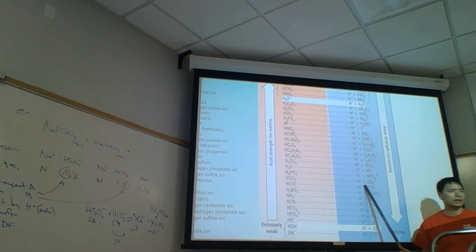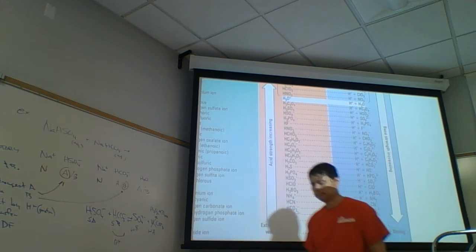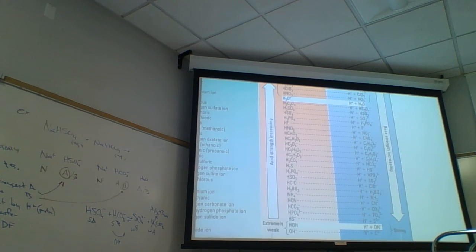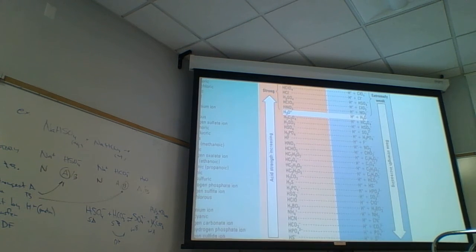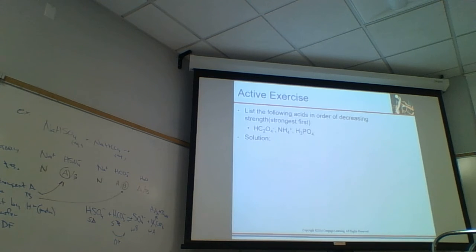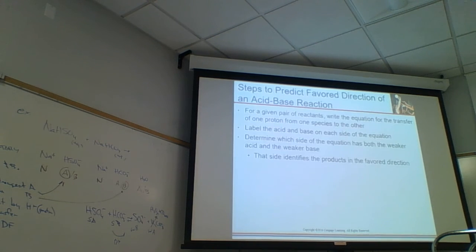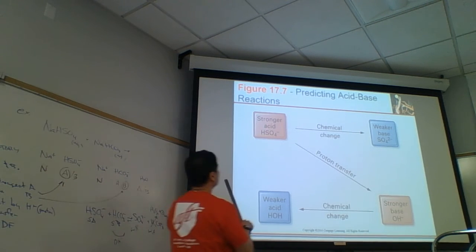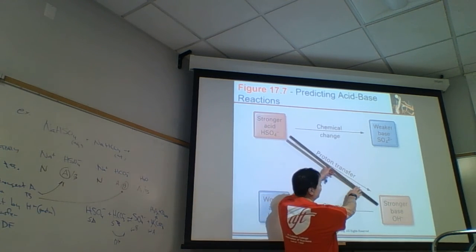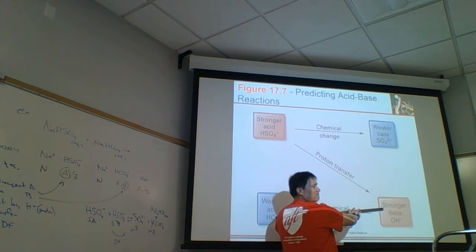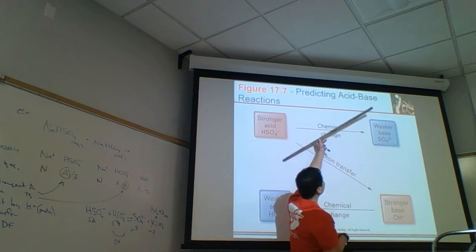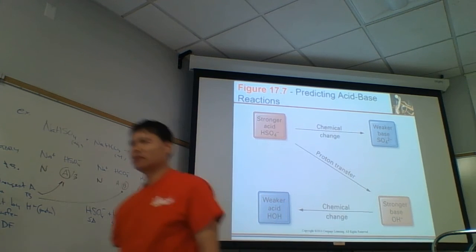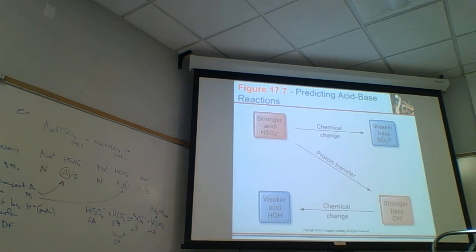Yes, it will react with sulfite. And so this is the pattern here. We want this to react so that we go down. We don't want this to react up here to go up. So this is kind of the pattern that they're trying to show on this slide.